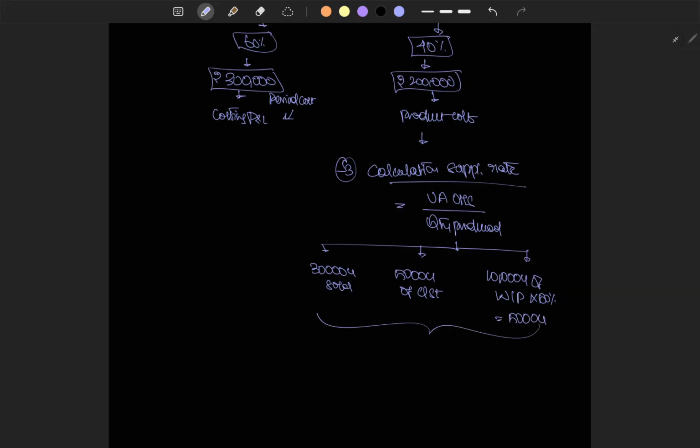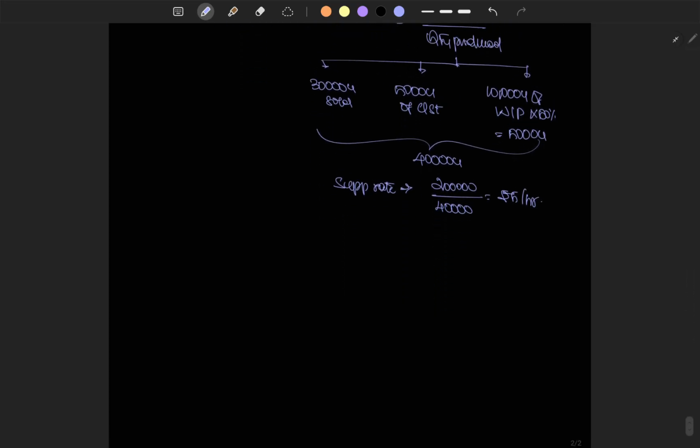So totally 40,000 units. Supplementary rate is two lakh divided by 40,000, rupees 5 per hour. So we have found out the supplementary rate.